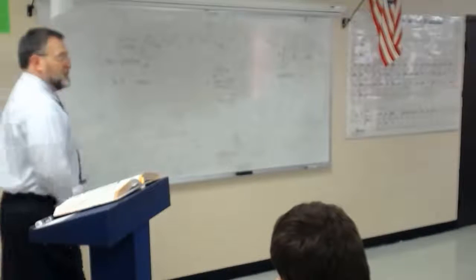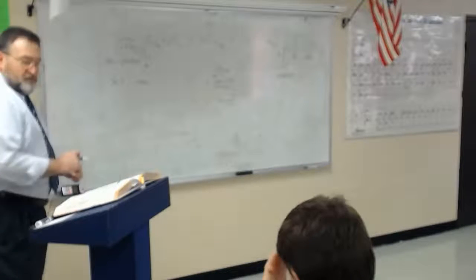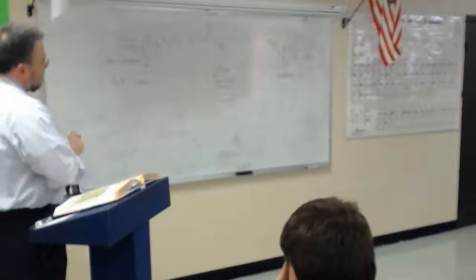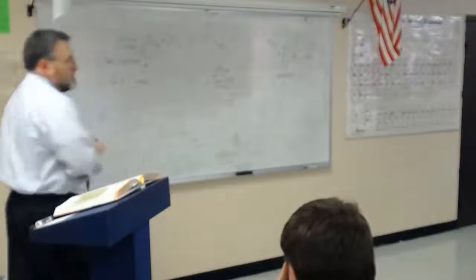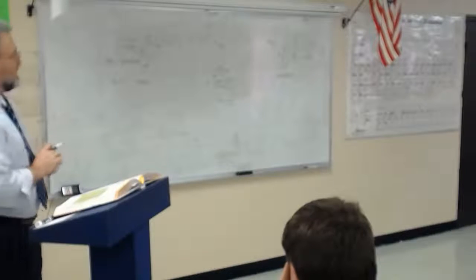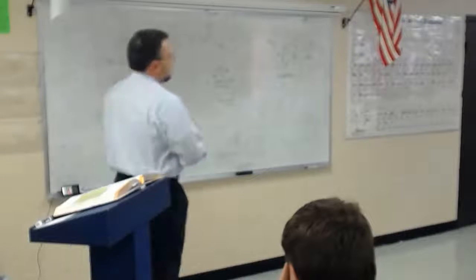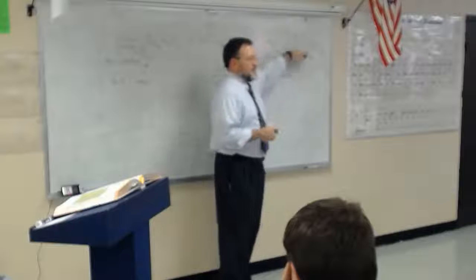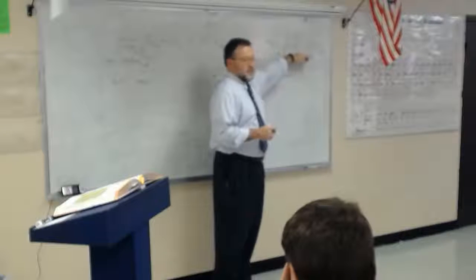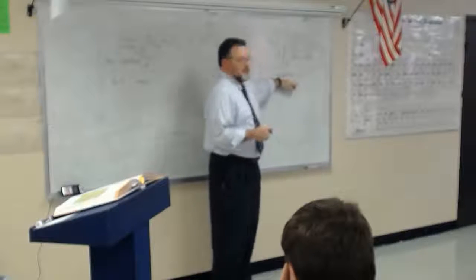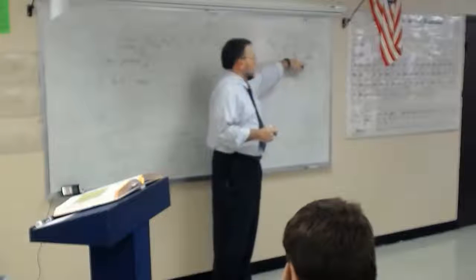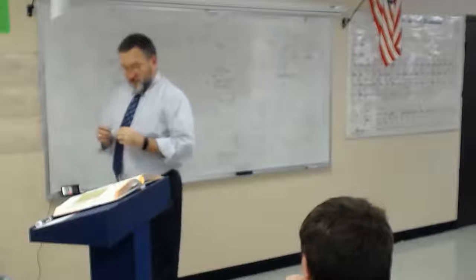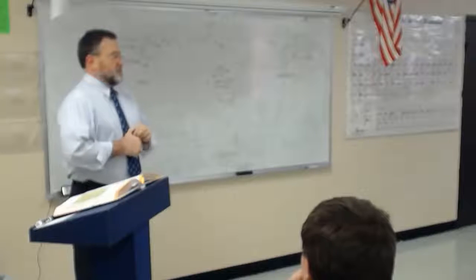Moles times grams per mole leaves me with grams. 40 times 18 is 720, or 7.20 times 10 to the second grams. 4.0 times 10 to the first, 40, times the molar mass of 18 grams per mole will give me 720 grams of water.